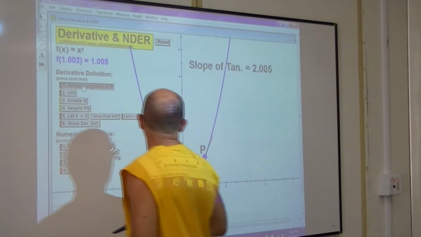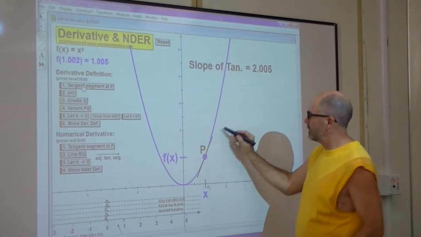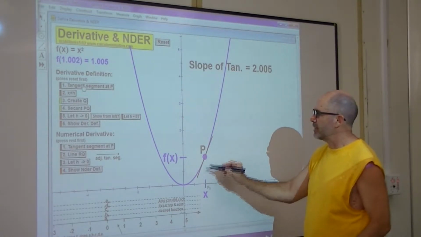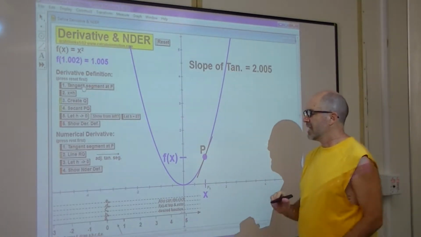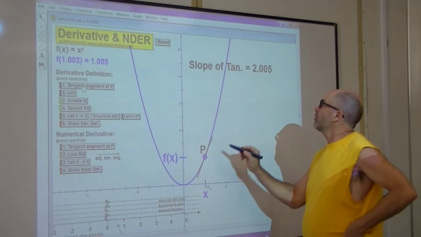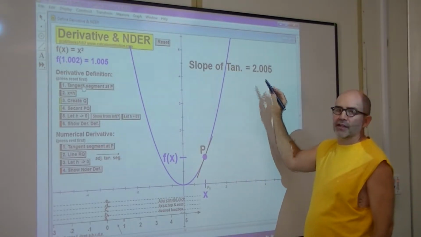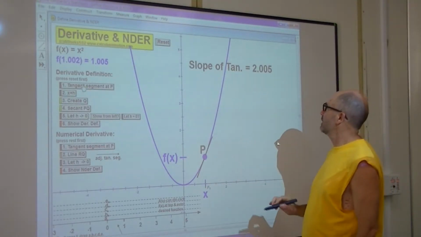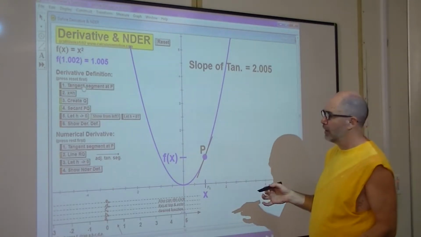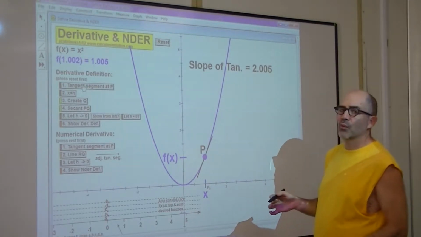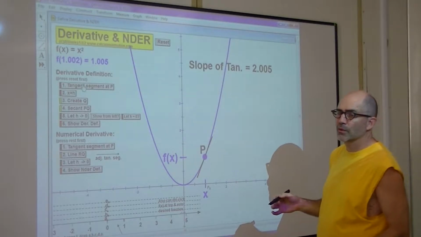First of all, here's the tangent segment. The black line is the tangent segment to the point at P. And our goal is to find the slope of this tangent, which the computer is telling us is 2.005, but how do we know that's true?